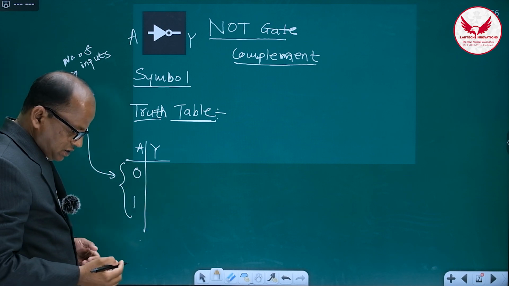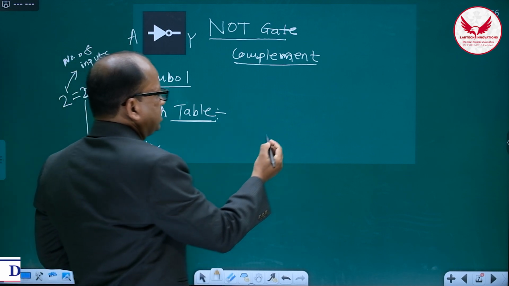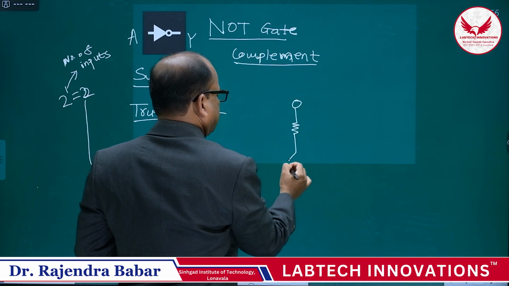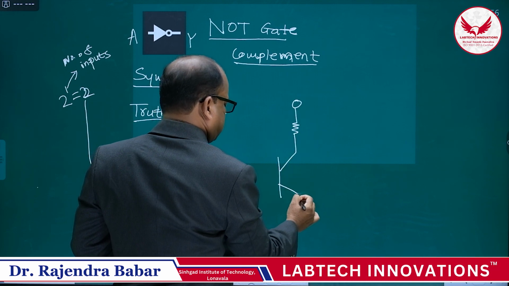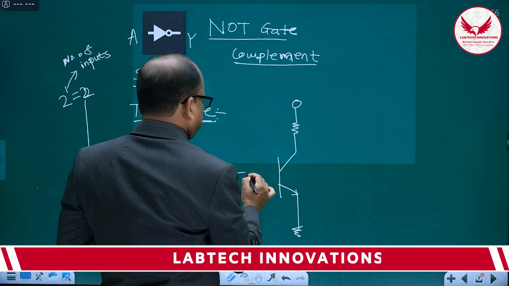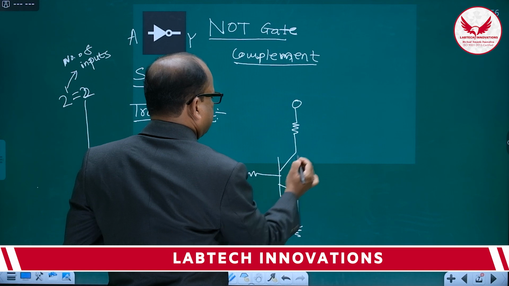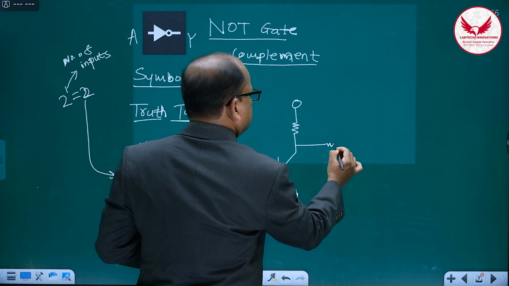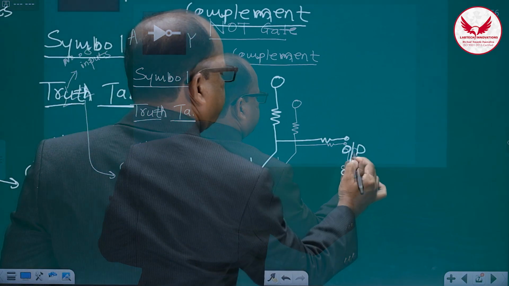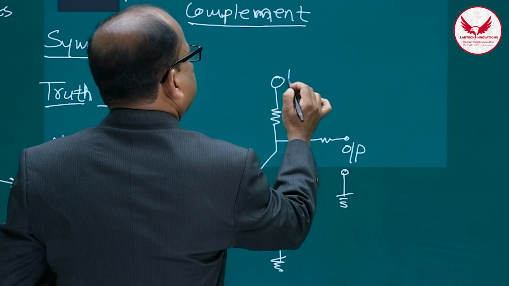For this, the circuit diagram is like this. So here the transistor is there, then the input is there, and this is the output. Here, plus VCC.